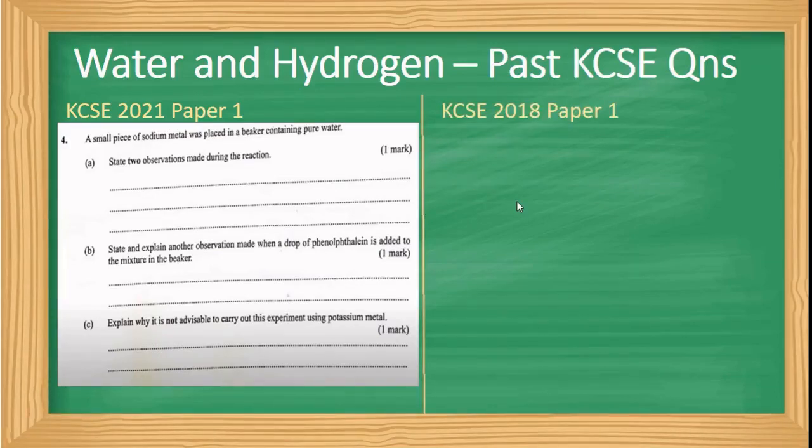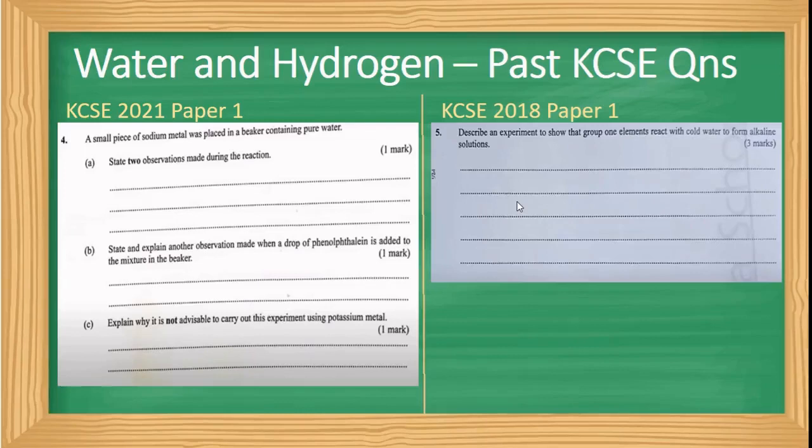And then KCSE 2018 paper 1, there was also another question on how group 1 elements react with water to form alkaline solutions. And as you know, group 1 elements are metals. So you can pick one of the metals, the way we have described how it reacts with cold water, and then use it to answer this question.